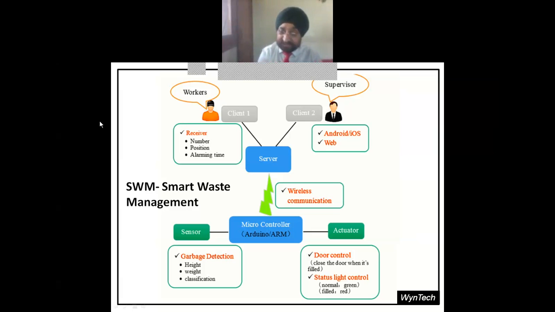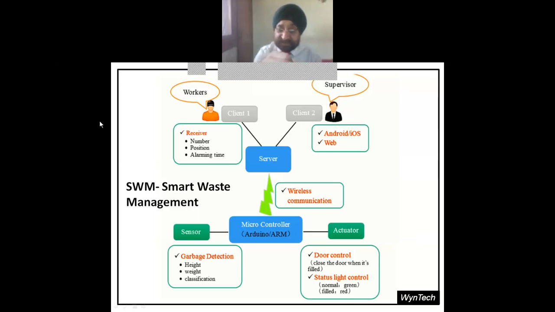The sensor takes this input to a microcontroller, Arduino based or any other base, and gives it to the server. Server gives the information to the worker, and the worker takes the decision whether to collect or not collect or wait for some more time. The system gives him the information that this is full as per the height, this is full as per the weight, or other.